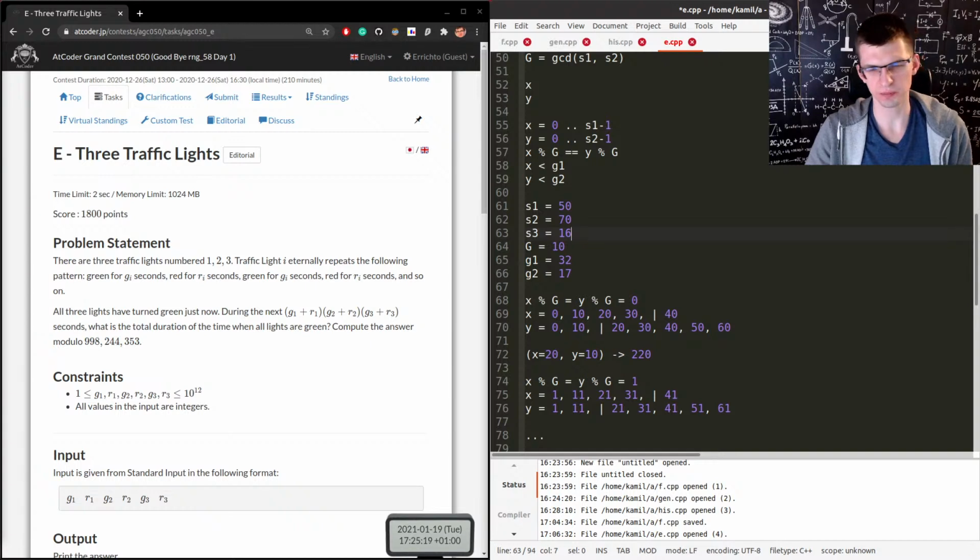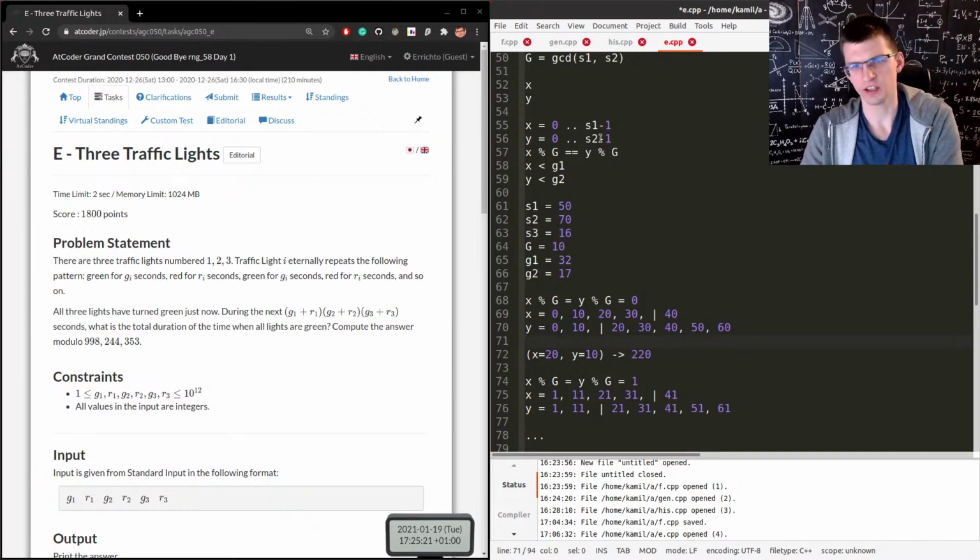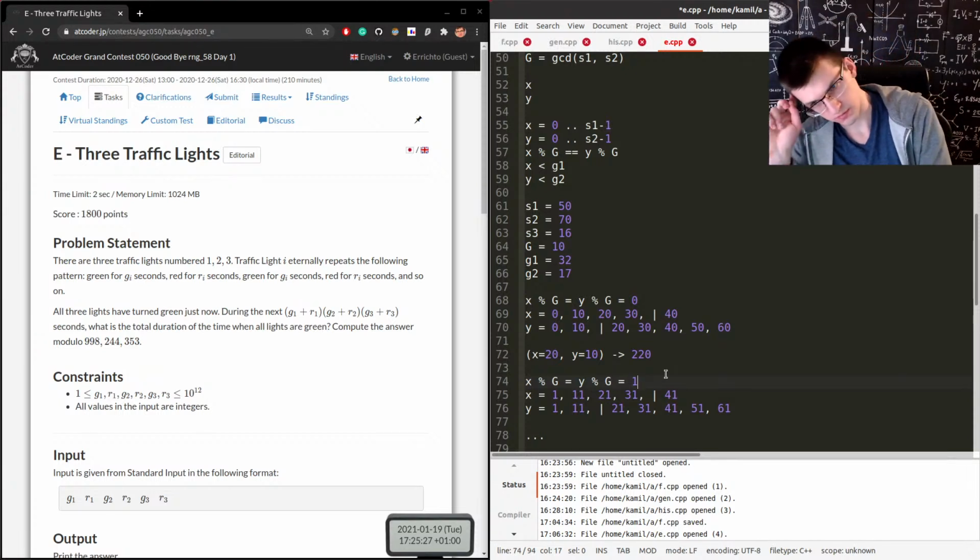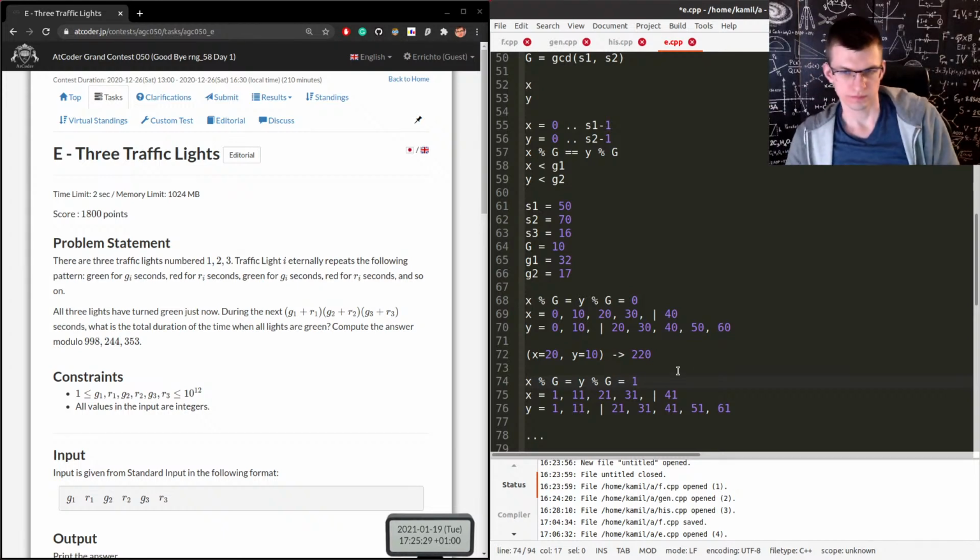Yes, I use pen and paper all the time. Like here, what I'm typing there, normally during a contest I would do on paper. You can do so much on paper.